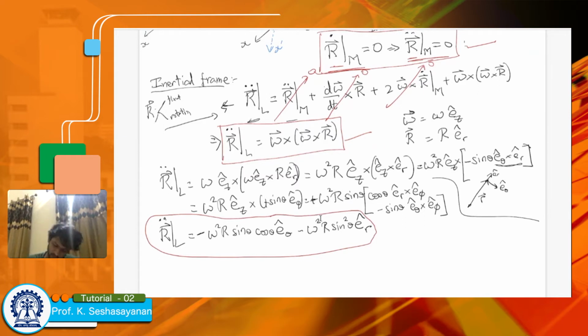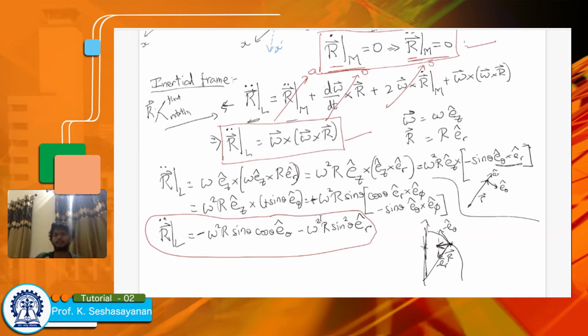So we can try to look at how this vector looks for a person who's standing at a position R vector. We have one component which is along minus E theta, and another component along minus ER. So you can verify that this actually is the acceleration which is going towards the axis.